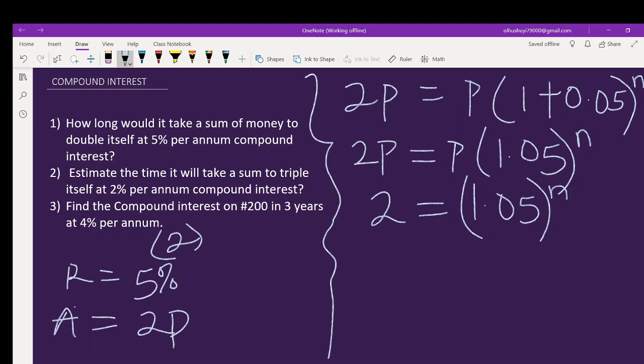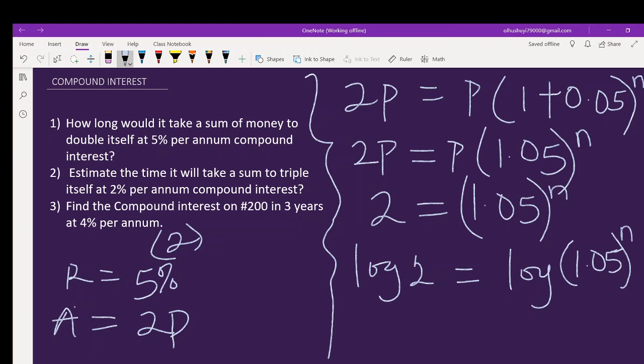So this is what we are going to be having here. We are looking for n. How can we get along this part? The best we can do is to take the logarithm of both sides. So we have log 2 equal to log in bracket 1.05 to the power of n.